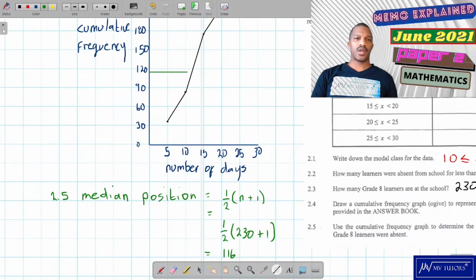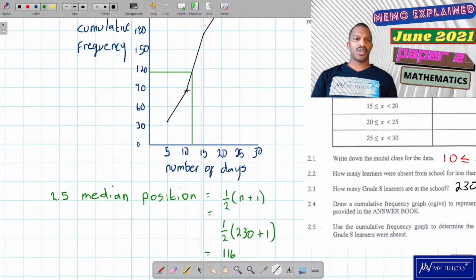And then we'll draw a line. Bam. And then we'll come down from there. Whatever answer we come down to. Great. So that's really between 10 and 15. Okay, so the median is between 10 and 15. That's what we can say.